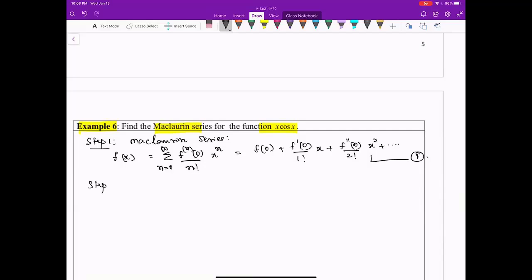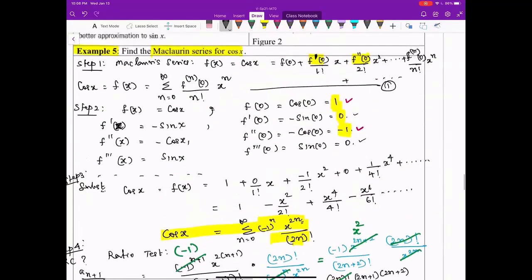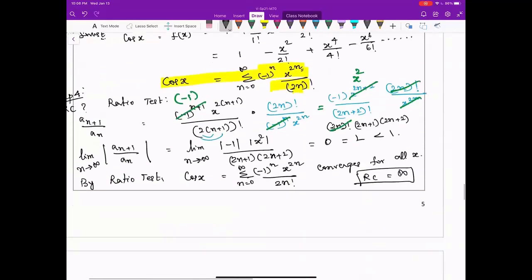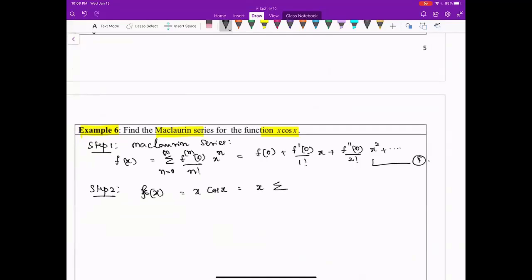Now, in step 2, because we have done elaborately the representation for cosine x in the earlier problem, we will take that representation. So, x cosine x is the given problem here, f of x equal to x times cosine x. You can write this as x times sigma.